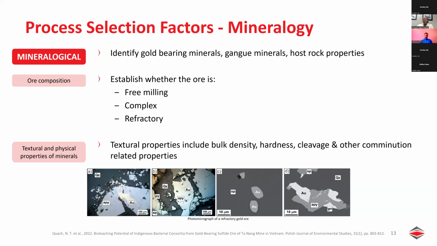So the processing plant for free milling ore is much simpler than that for complex and for refractory ores. So once you find out that your ore is complex or refractory, that gives you an idea that you are going to need then additional steps in your process to improve your recovery.